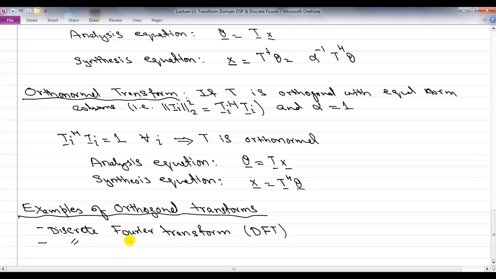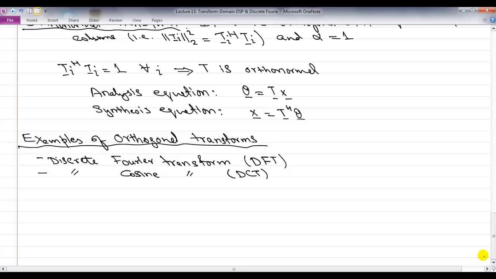You have discrete cosine transform, or DCT, which is very similar to the DFT, but it's a real value transform. You have what's known as the Hadamard transform, which is a matrix that has binary values. It takes either value +1 or -1, with a very particular structure.